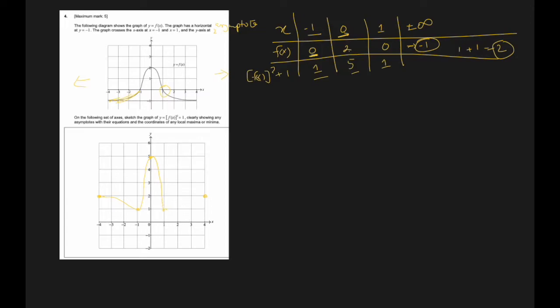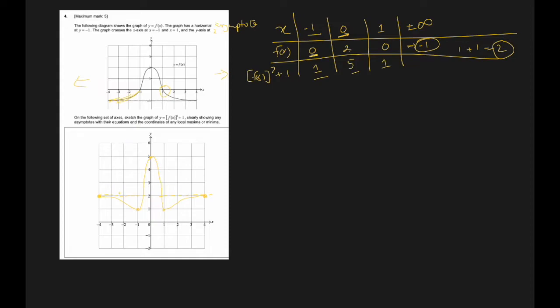I hope this one is better. Now let's see if we have fulfilled everything. On the following set of axes, sketch the graph of this. We have done that, clearly showing any asymptote. There will be an asymptote at y equal to 2. It will not be touching it. It will be just going towards 2, with their equations.